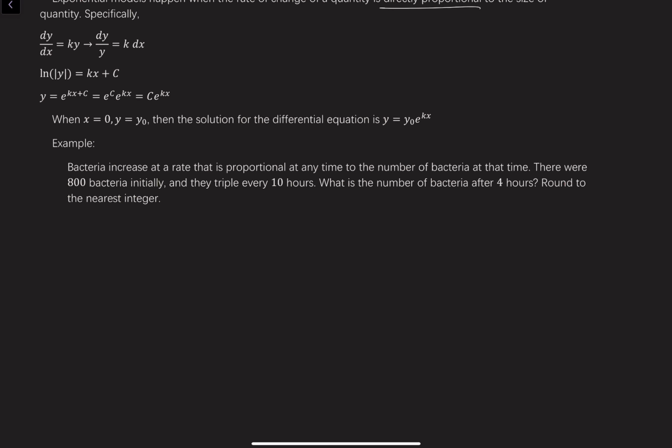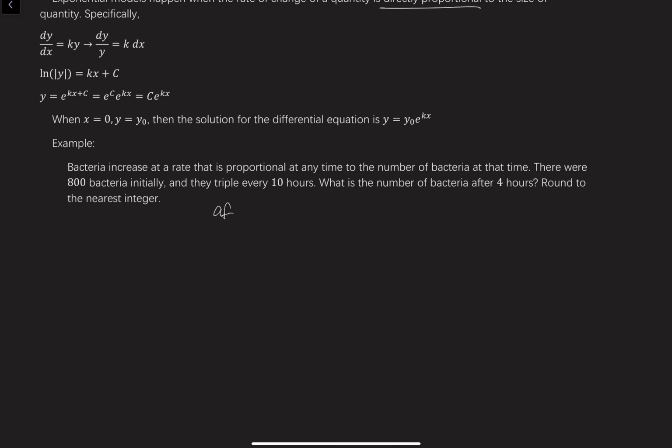And let's work on an example. Bacteria increase at a rate proportional at any time to the number of bacteria at that time. There were 800 bacteria initially, and they triple every 10 hours. What's the number of bacteria after 4 hours, rounded to the nearest integer? So now we need to analyze what it means.